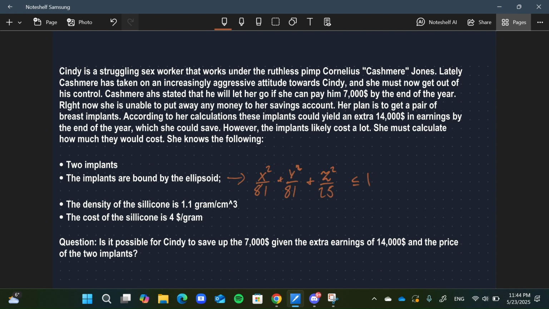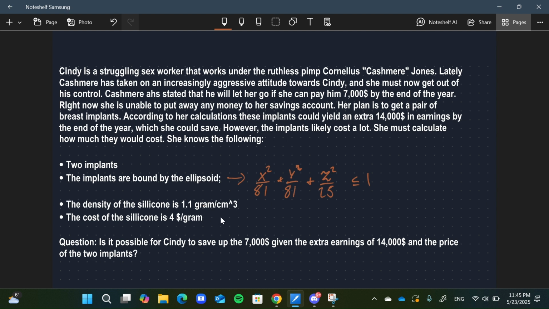According to our calculations, these implants could yield an extra 14 grand in earnings by the end of the year, which she could obviously save. However, the implants likely cost a lot. She must calculate how much they would cost, and she knows the following information. So there are two implants. The implants are bound by the ellipsoid of this shape, which I will go into later.